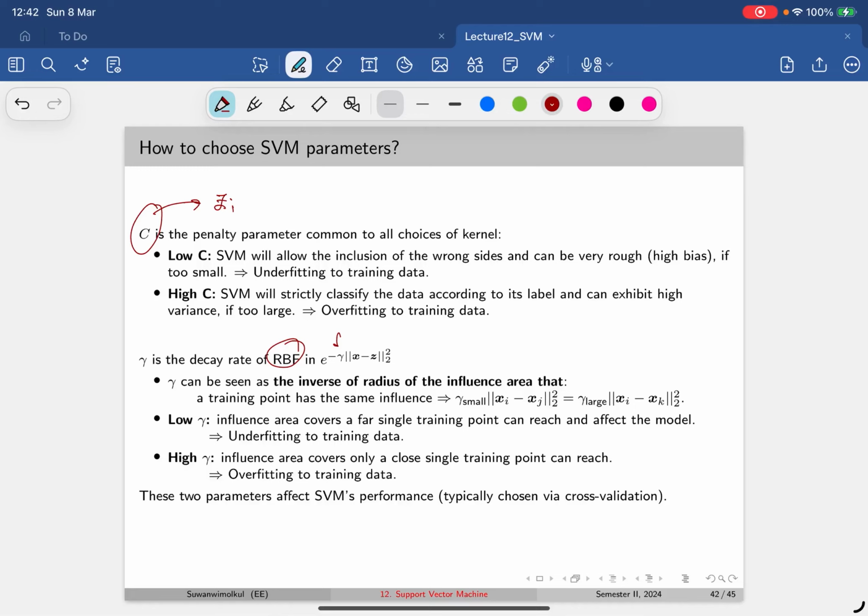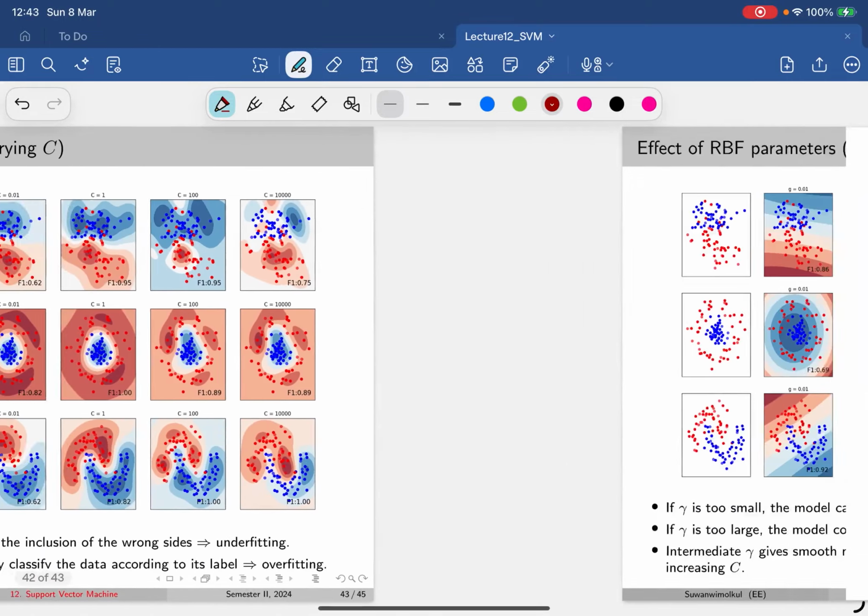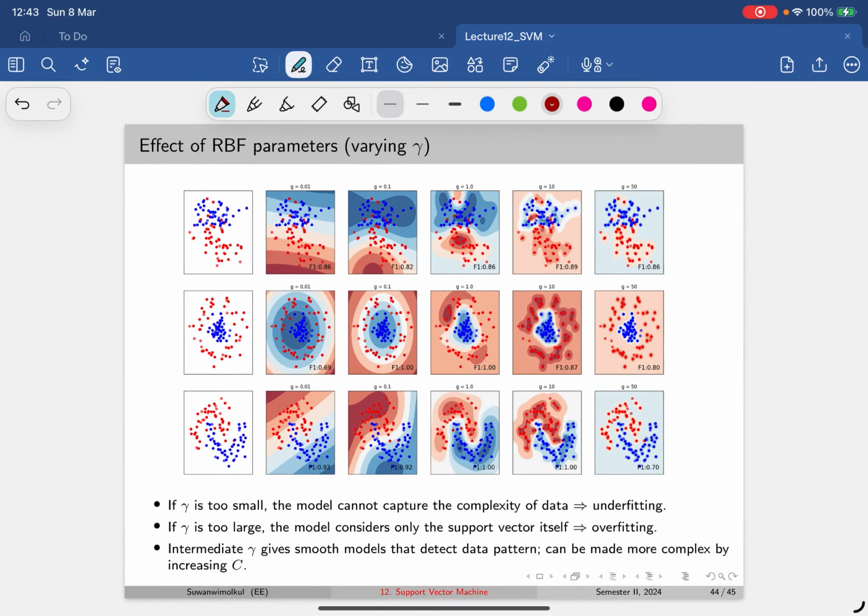And once you have the right setting for these, you may perform fine-tuning to find the best value for the hyperparameter inside these kernel functions. And here is an example of what the RBF looks like at different hyperparameters.